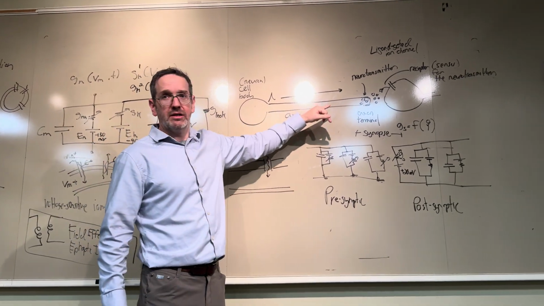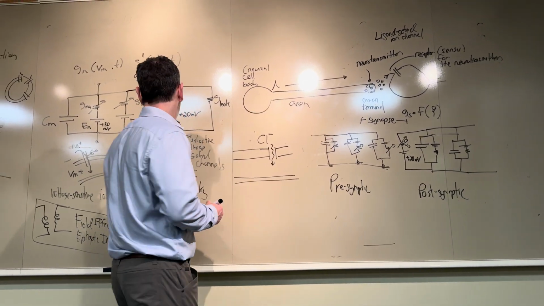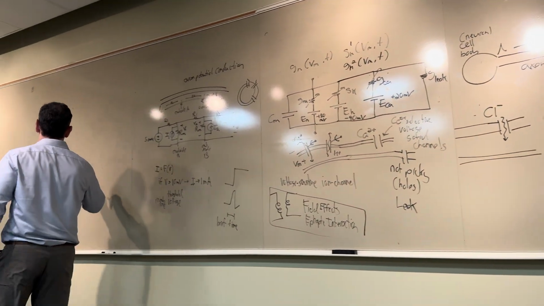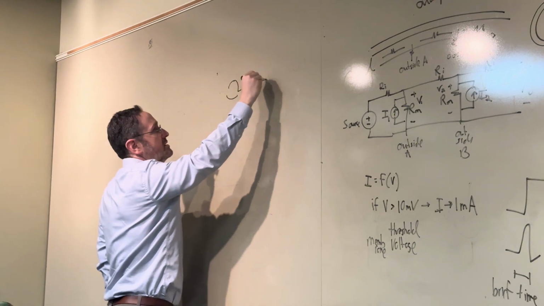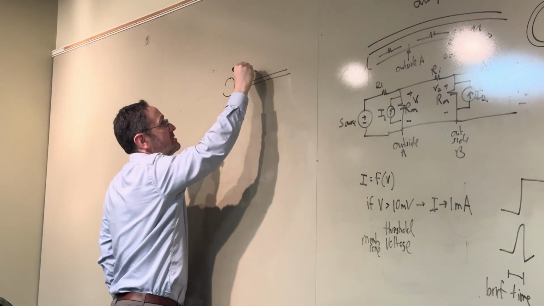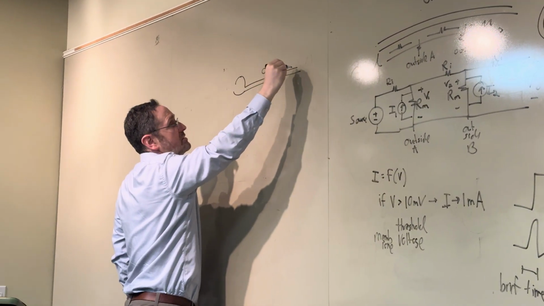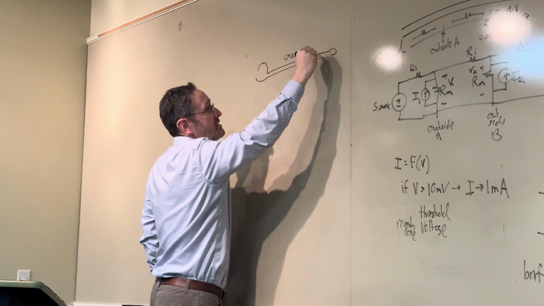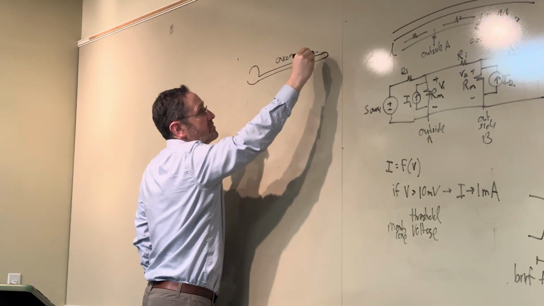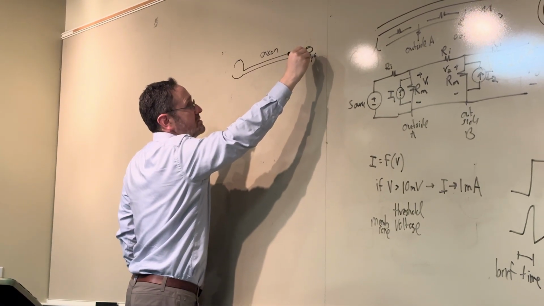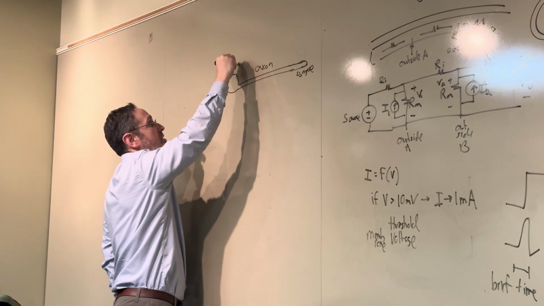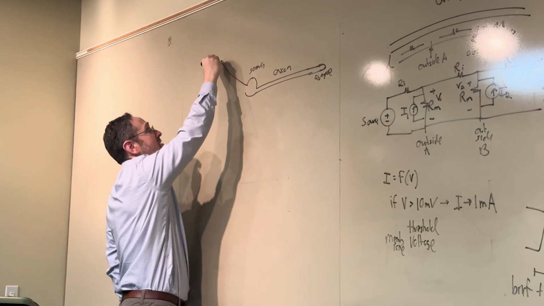Neurons don't exactly look like this. If you've seen pictures of neurons, they look maybe more like this, here's that axon. We know that this terminates here in a synapse. This is the soma.